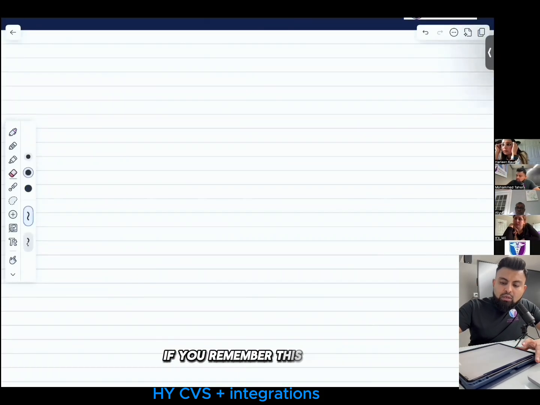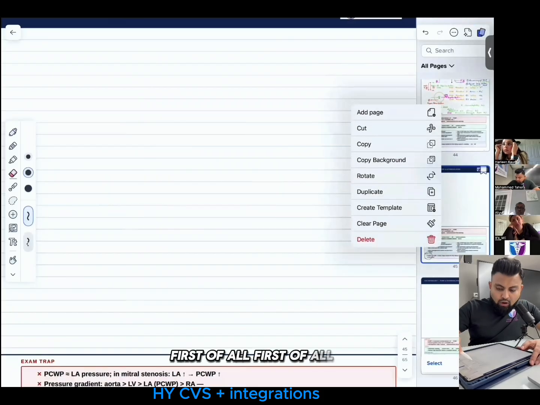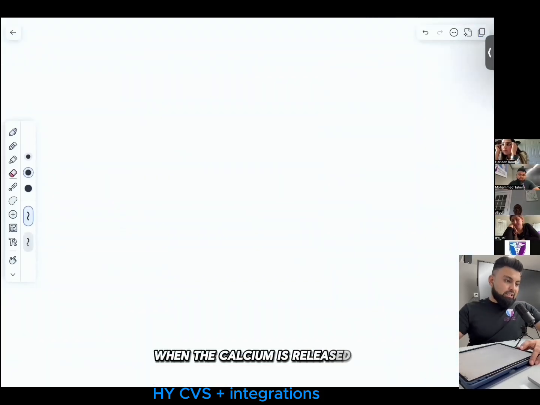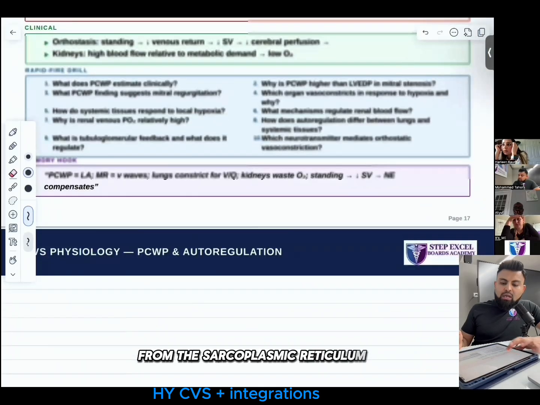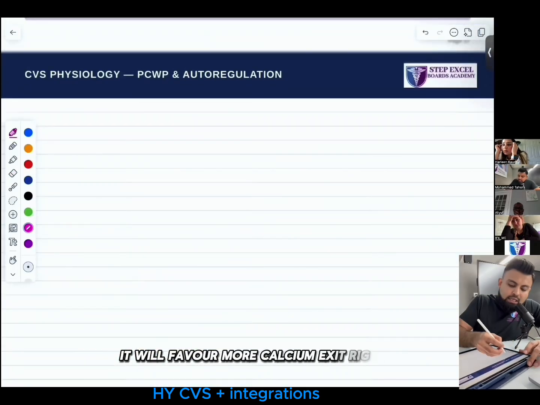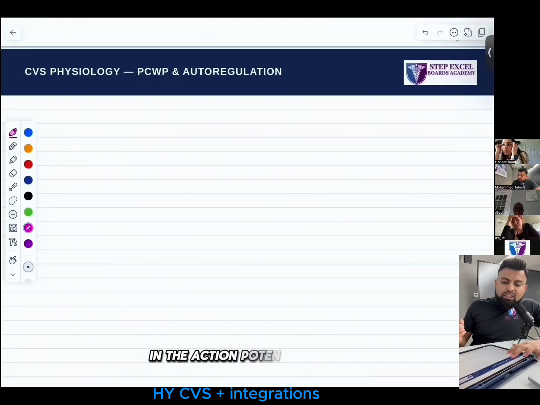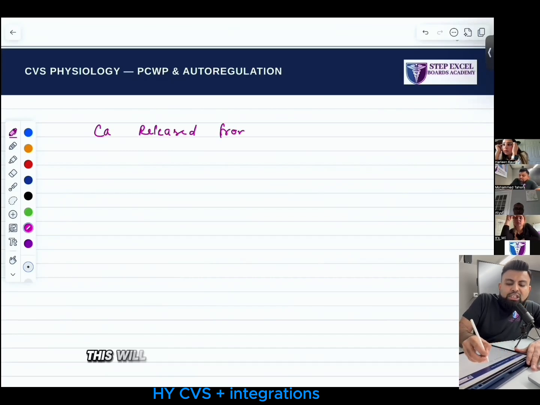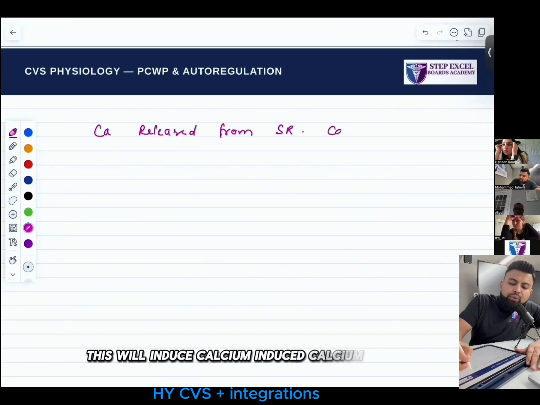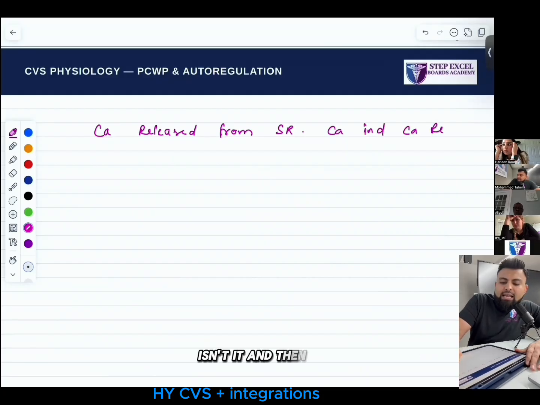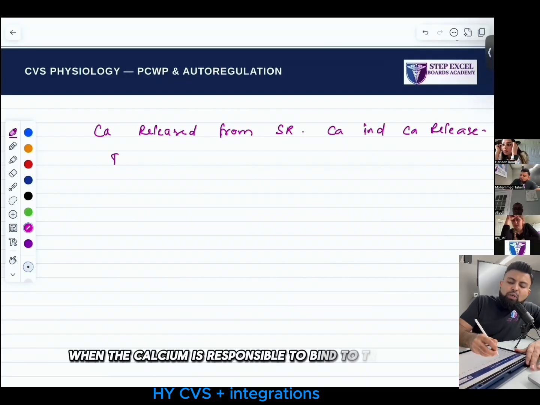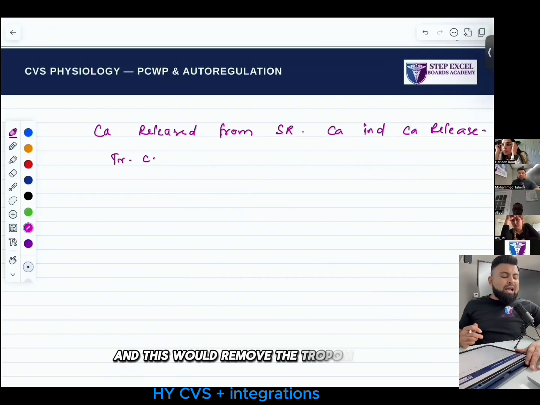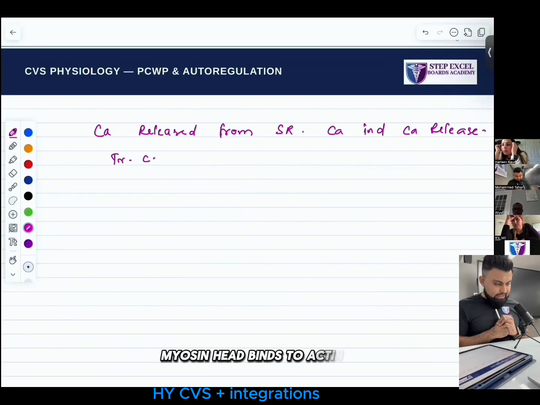When calcium is released from the sarcoplasmic reticulum, it induces calcium-induced calcium release. Calcium then binds to troponin C, which removes the tropomyosin, and the myosin head binds to actin.